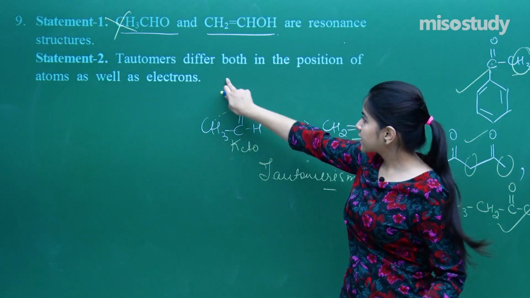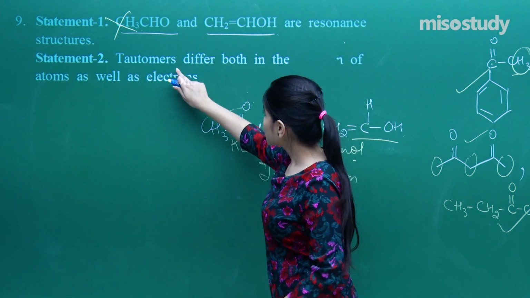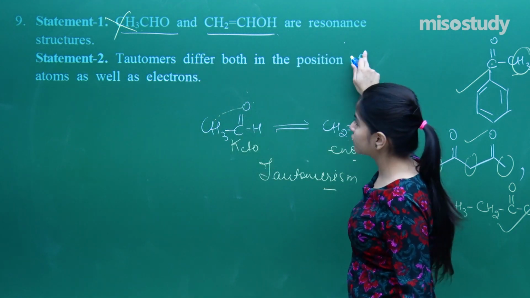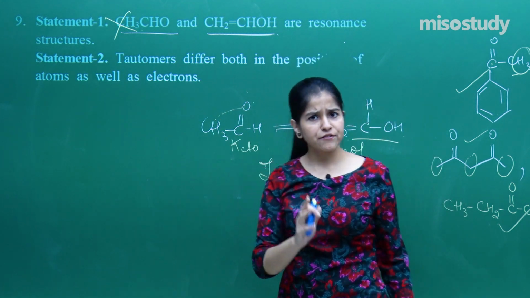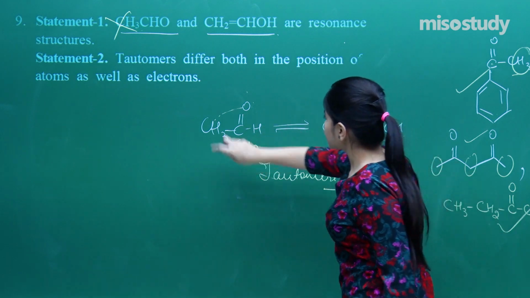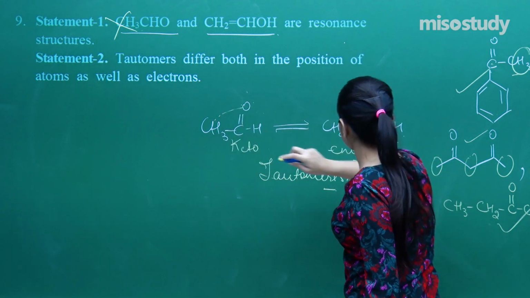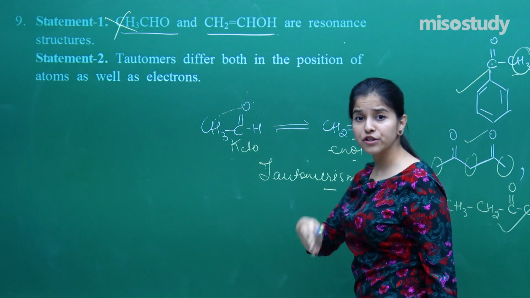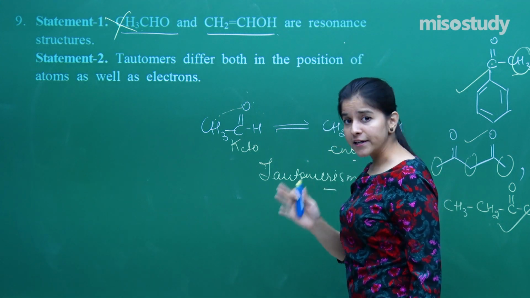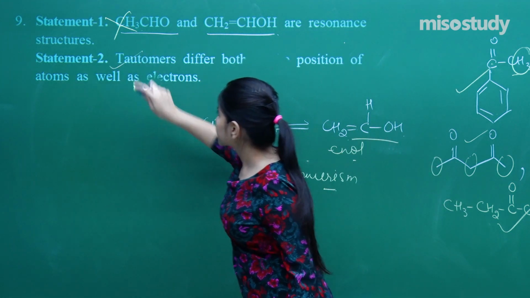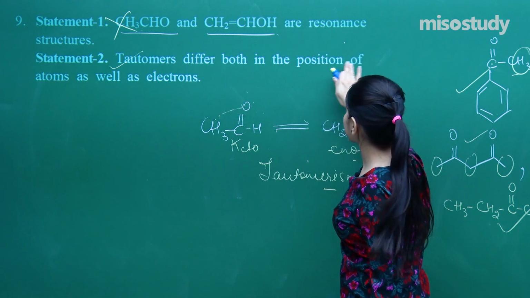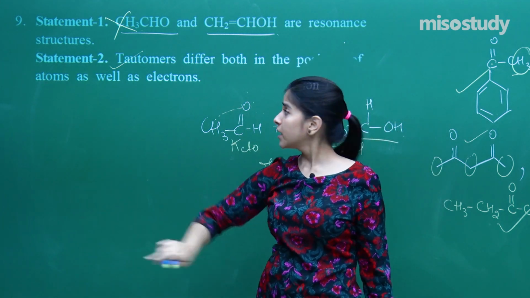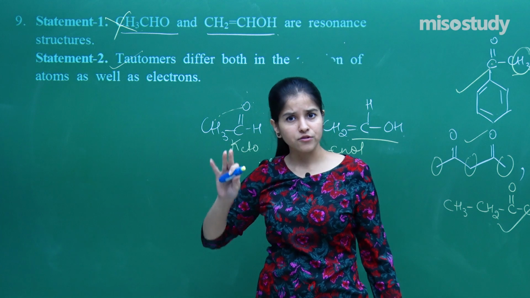Now let's move on to the statement number 2. Tautomers differ both in the position of atoms as well as electrons. Definitely yes. If I consider the tautomerism, this hydrogen got shifted along with the shifting of the electrons as well. That means this very statement is correct. The tautomers are differing in the position of the atoms, yes, and that of electrons.